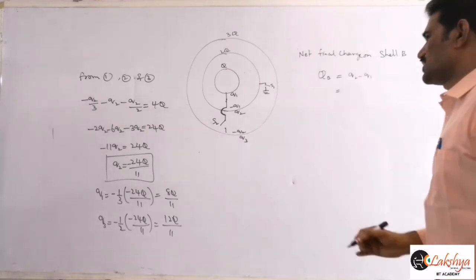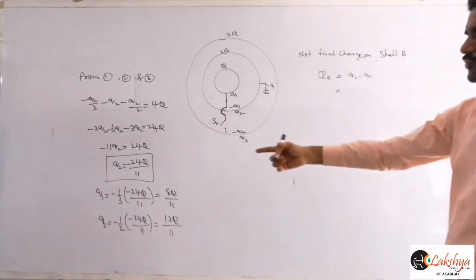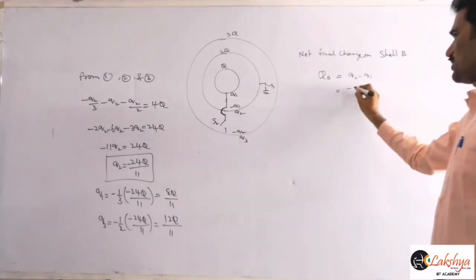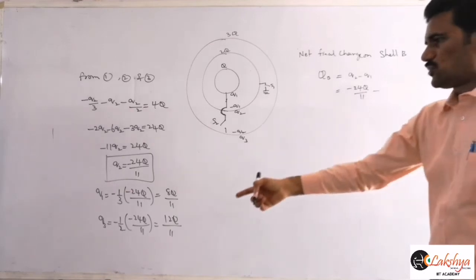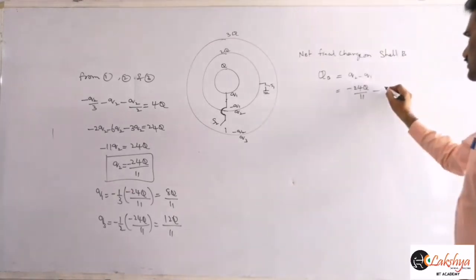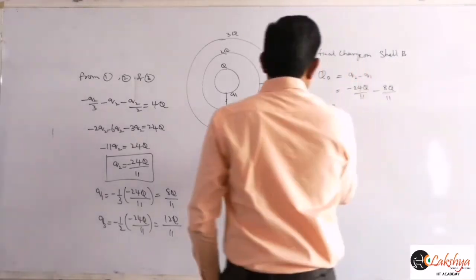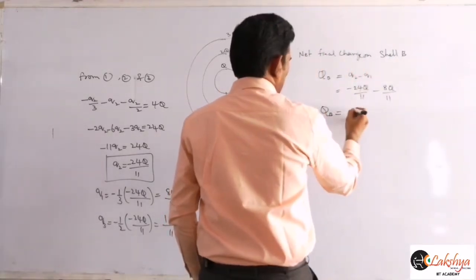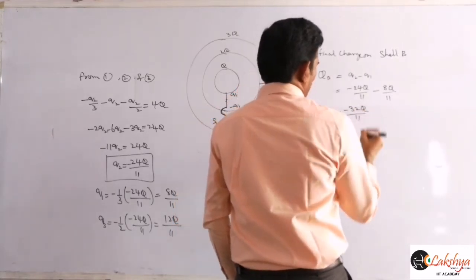Now we can substitute these values here: minus 24Q by 11 minus Q1 value, which is 8Q by 11. So this QB value is nothing but minus 32Q by 11, right?